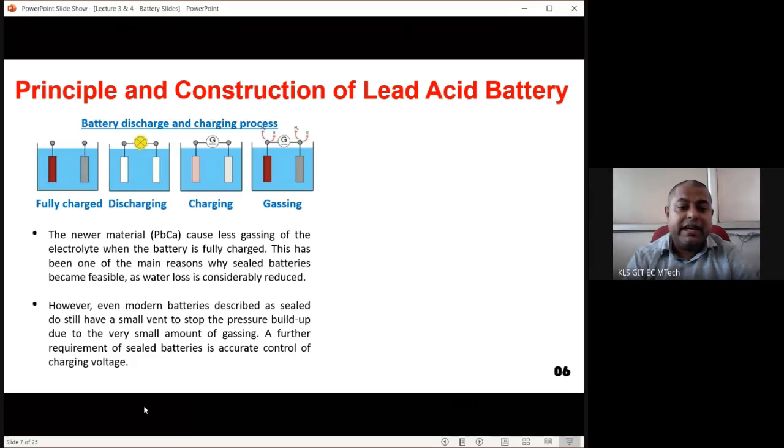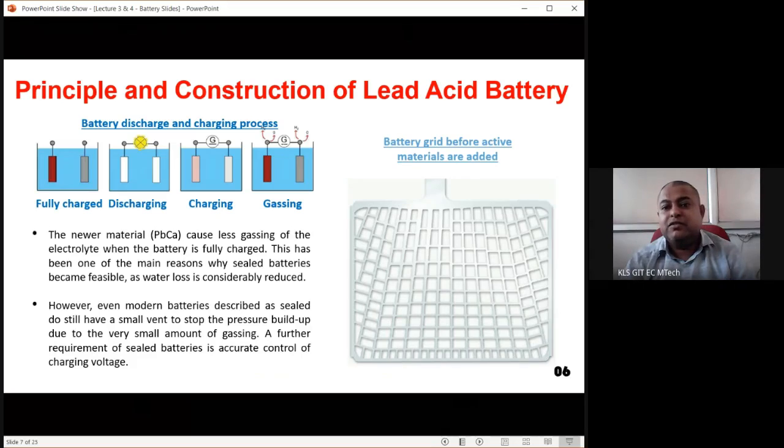So there is a small vent, a path through which the excess gas comes out of the sealed battery. A further requirement of sealed batteries is accurate control of charging voltage.